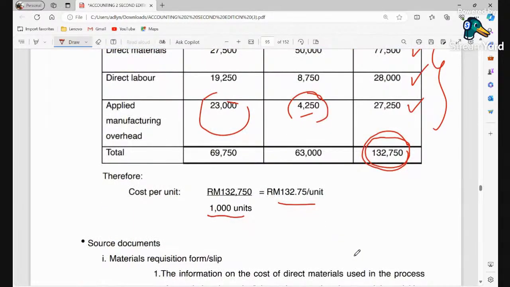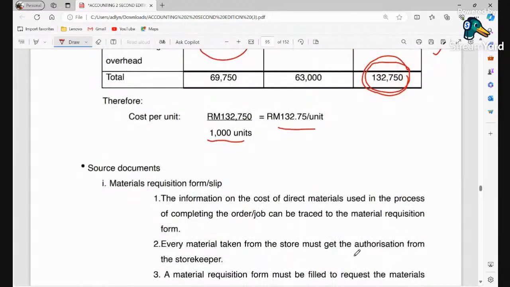Okay, moving forward, we are going to look at the source document, the source document yang mengandungi maklumat yang kita akan transfer into your job cost table.